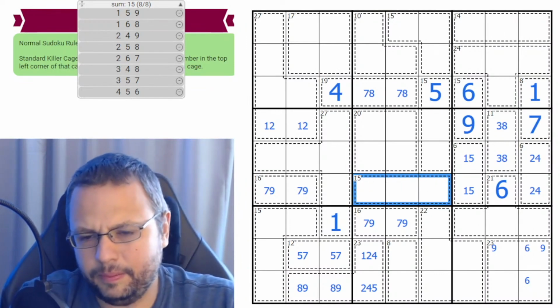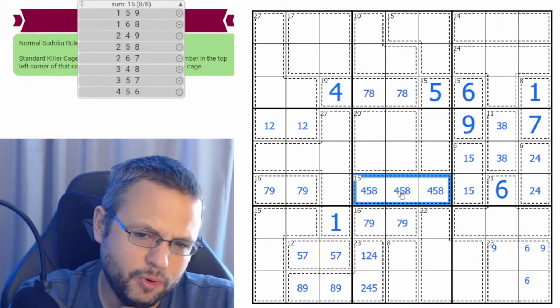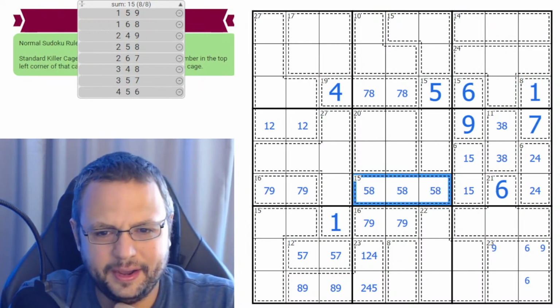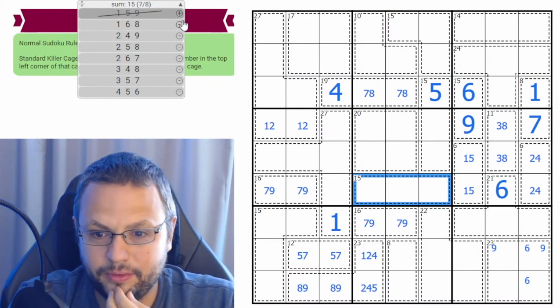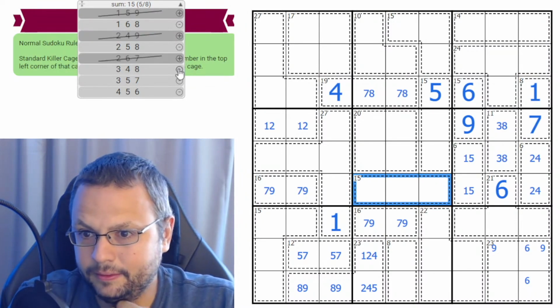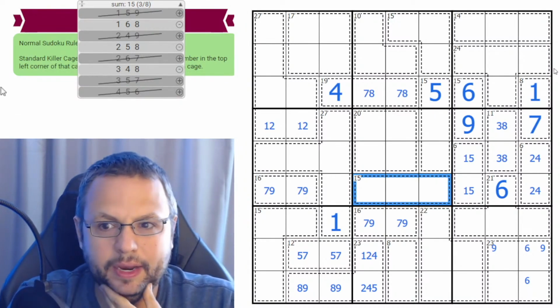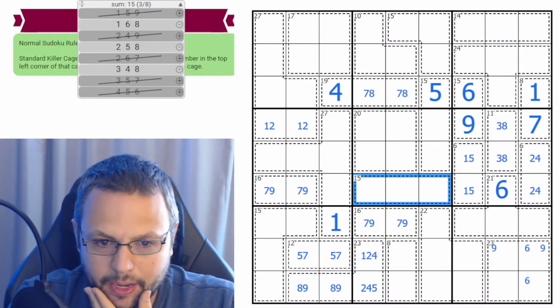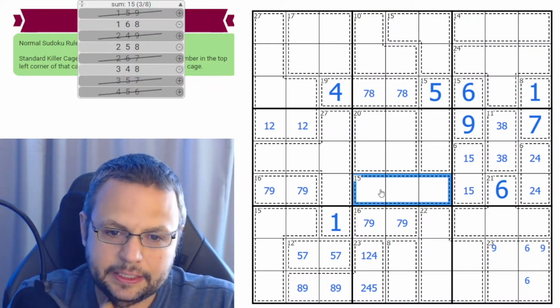And the maximum would be 8, 5, 4, which is not much more than what I'm going for. So I'm going to go ahead and just tick off all the ones that use 6, 7, or 9. Let's see. Those all use 6, 7, or 9. I guess there are an annoying number of options. But I guess the thing I'm supposed to notice here is that they all use an 8.